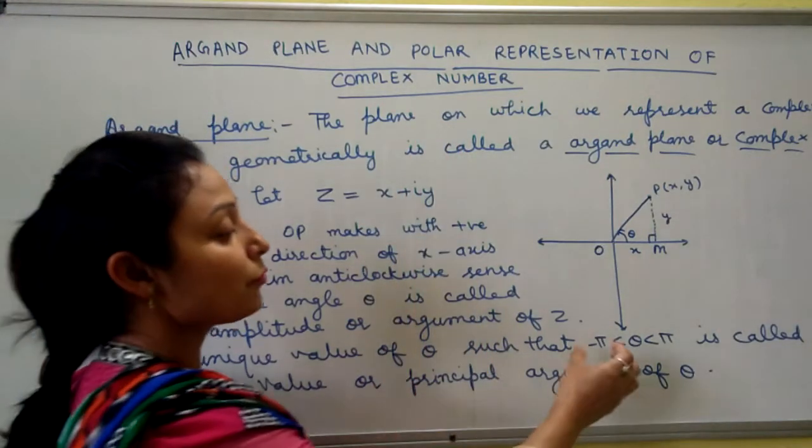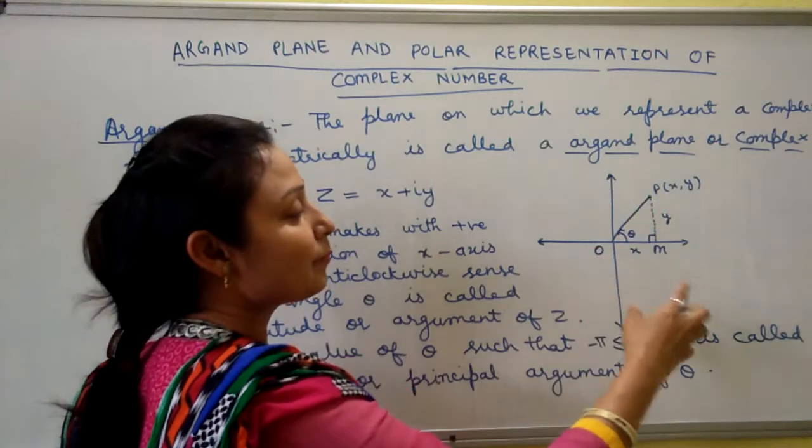This is the way how to represent a complex number on the Argand plane and what theta is.